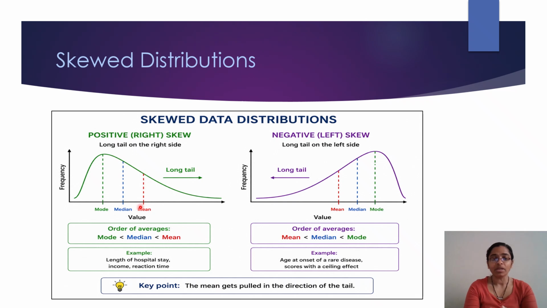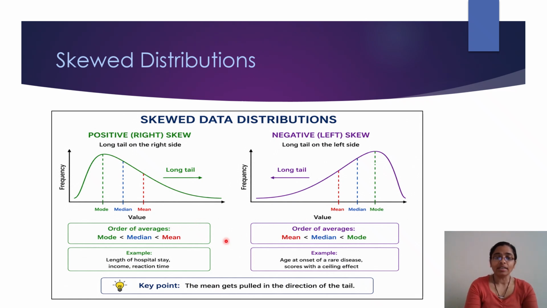Remember, the mean is pulled towards the direction of the tail. So your mean will be here. Obviously, your median will be in the middle, and then comes the mode. The same thing applies to negatively skewed data. The mean is pulled towards the tail, then comes the median, which is always in the middle, and the mode comes after that.